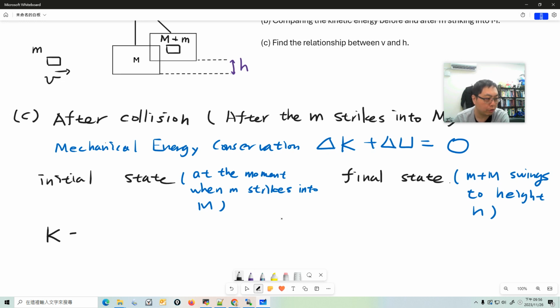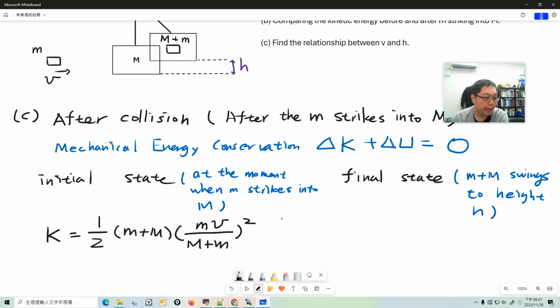So in the initial state, our kinetic energy is 1 over 2 times m plus M, because the bullet is stuck in the capital M, times the velocity squared. In the last video, we already calculated the velocity. I hope you remember the answer.